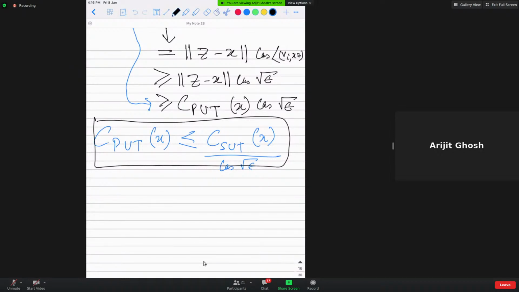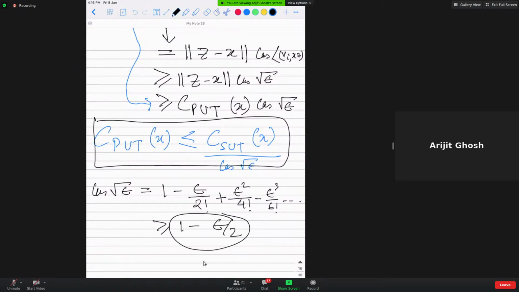Okay. So now we know cos square root epsilon. Taylor series tells you what? It's 1 minus epsilon by 2 factorial plus epsilon square by 4 factorial minus epsilon cube by 6 factorial, like this, right? And this is greater than or equal to 1 minus epsilon by 2, right?